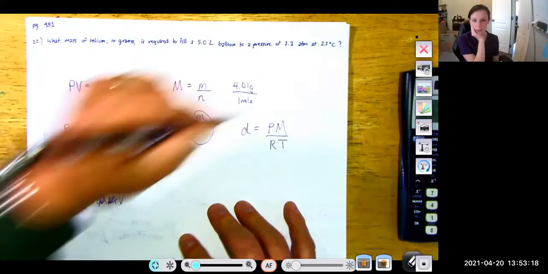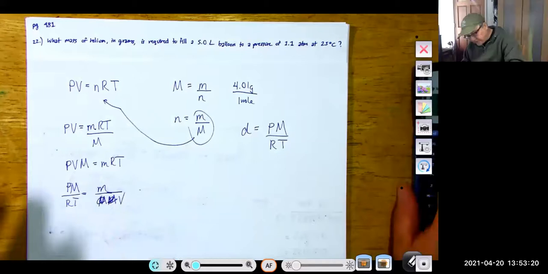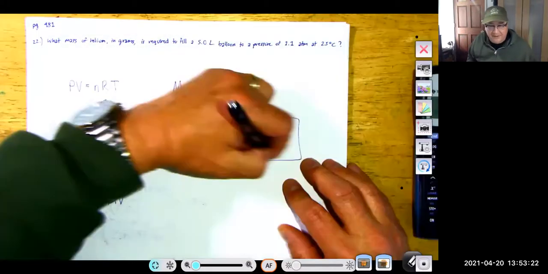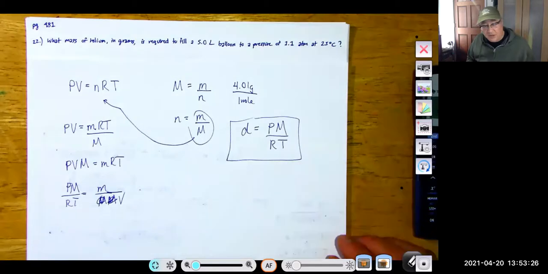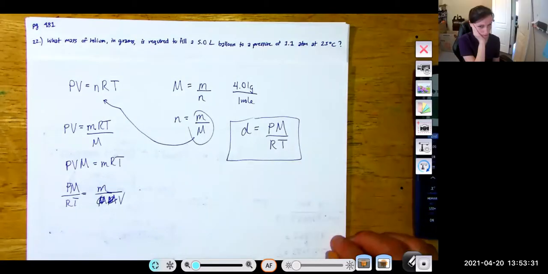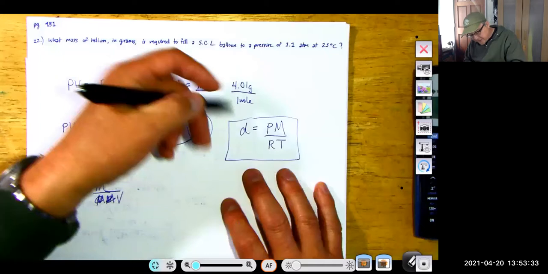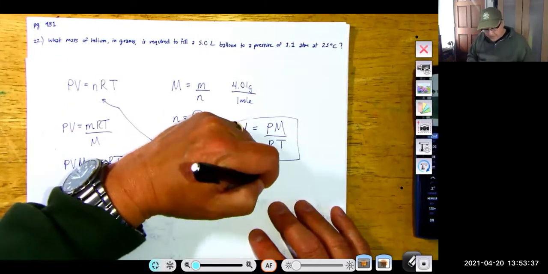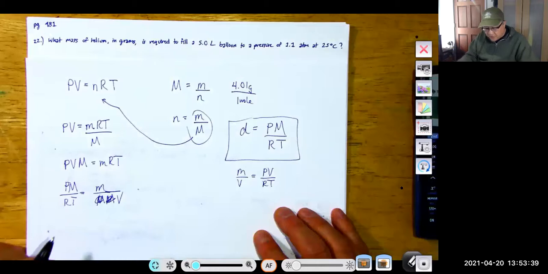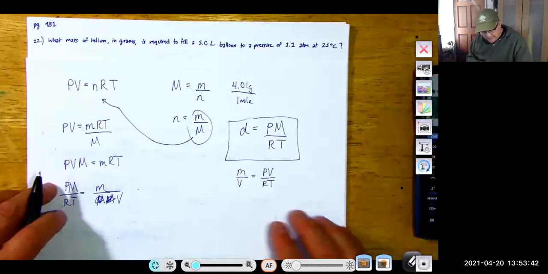Now, this is a formula that no one memorizes, so it is a perfect formula to put on your index card. But also, if you remember that density is mass over volume, we could probably do this problem again.